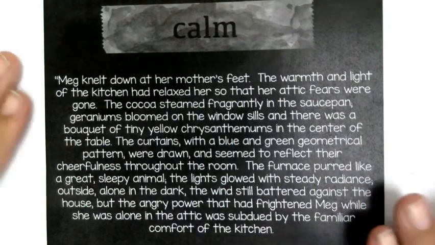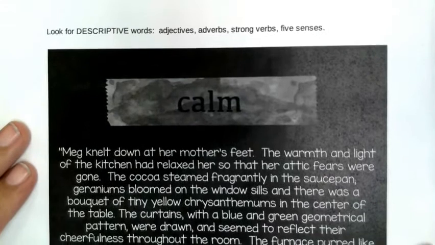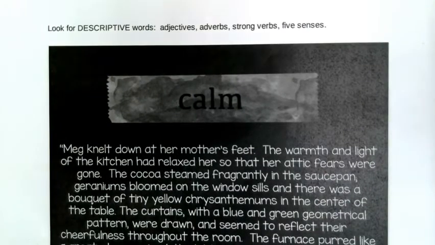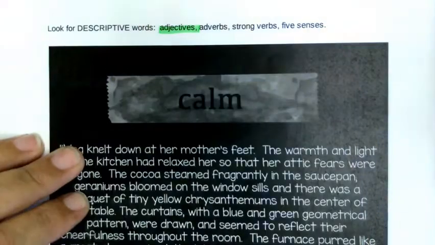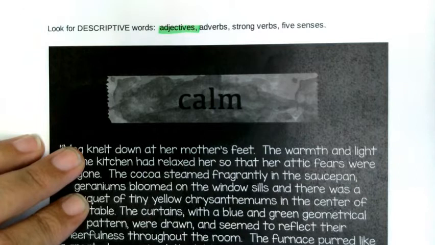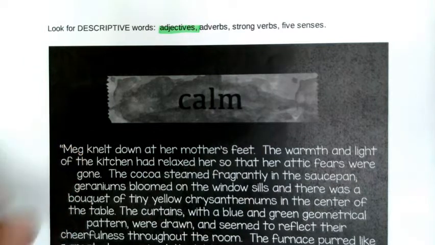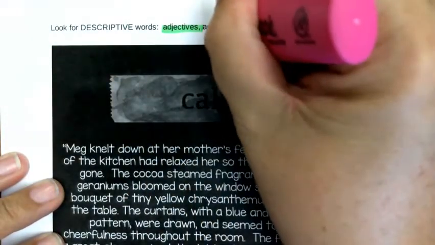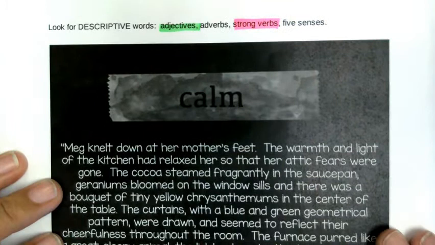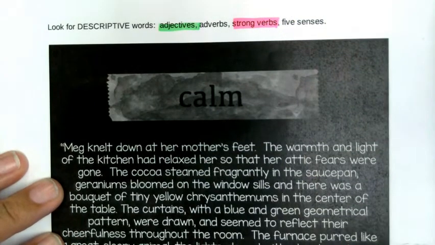Okay? So when we first think about writers using description, they're going to use things like adjectives, so words that describe with color, shape, size, texture. They will also use strong verbs. And we talked about this the other day. Remember when we read that example about the recruits getting their hair cut?